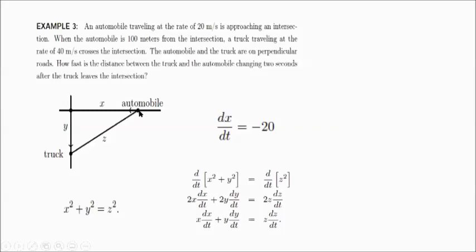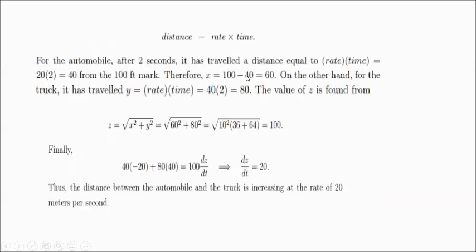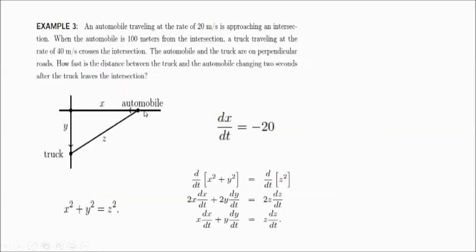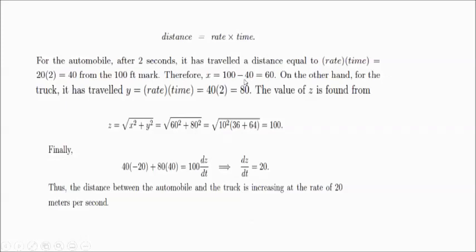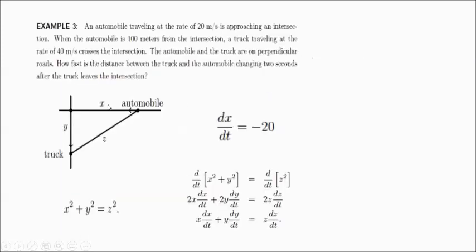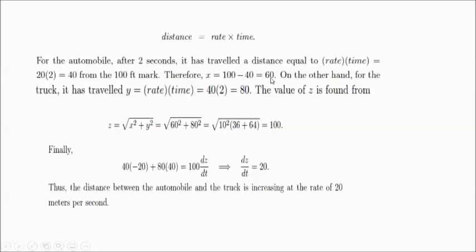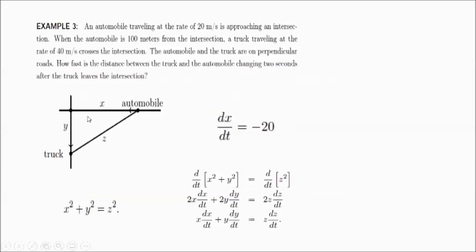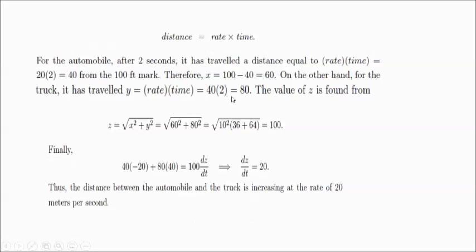Ngayon, kung 100 meters from the intersection, kailangan natin i-minus yung 40. Kasi ito yung na-travel ng automobile, class, di ba? 40. Ngayon, kung from 100 dito, kailangan natin i-minus yung 40 sa 100. So therefore, yung na-travel niya from here is actually 60. Okay? Take note. And then yung truck naman, sa truck walang problem kasi going to the south siya. So 40 times 2, that is 80. Okay?